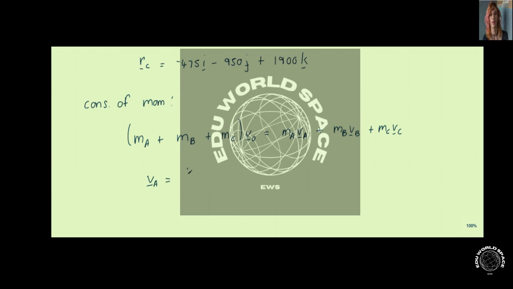VA is (MA plus MB plus MC) all over MA multiplied by vector V0, minus MB over MA times VB, minus MC over MA times VC.